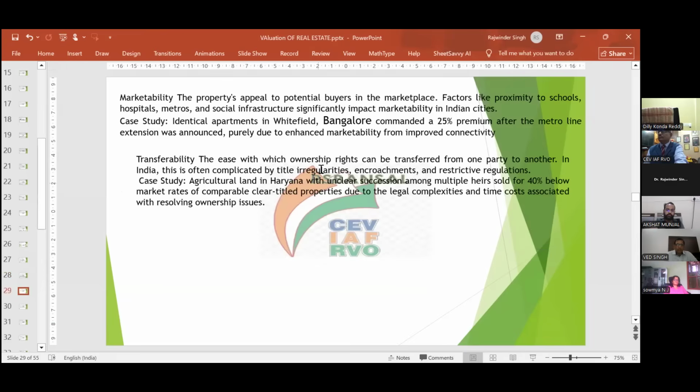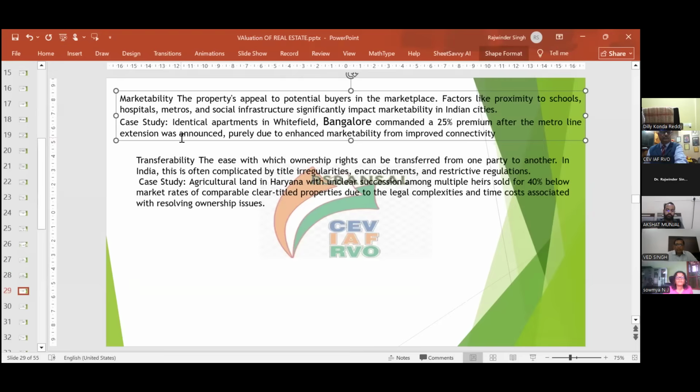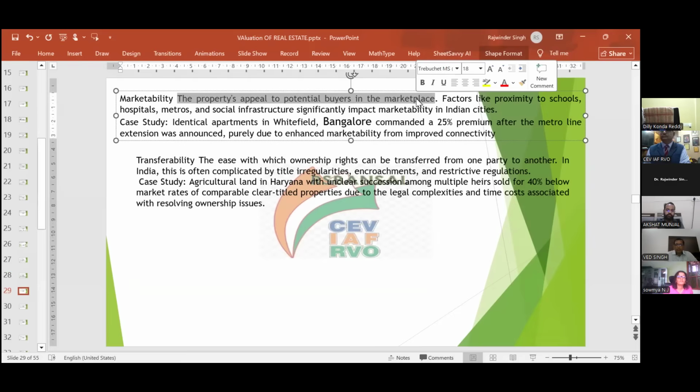Next thing is marketability. What does marketability mean? It means property's appeal to potential buyers in the marketplace.